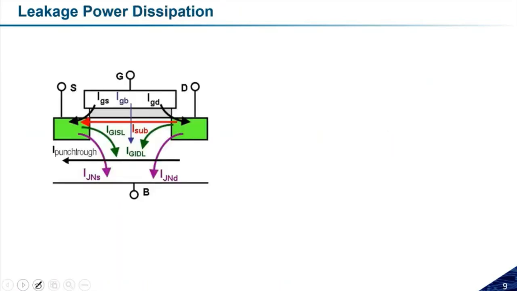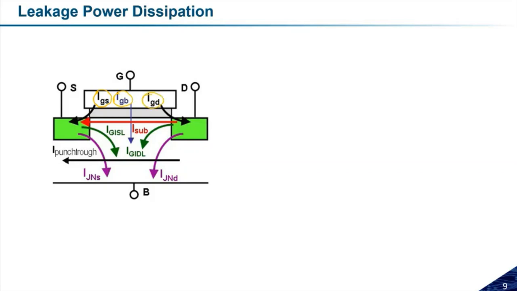If I want to write in more detail about these things, if I'm talking about IG, the gate current, the gate oxide leakage current, it can contribute in three directions: gate to source, gate to body, or gate to drain.